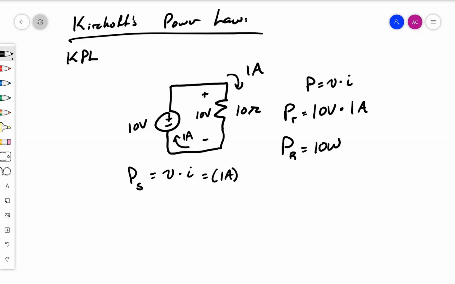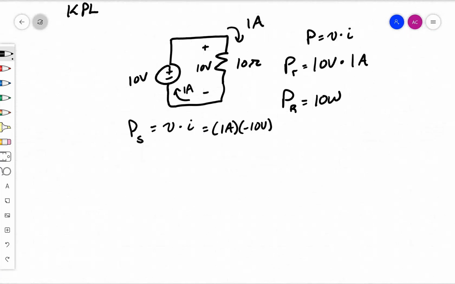Now it's a 10-volt source, but are we going to use plus or minus 10 volts here? Well, since the current is going into the negative and coming out of the positive, it's going to be minus 10 volts because it's a 10-volt rise. So PS, the power at the source, is going to be minus 10 watts.